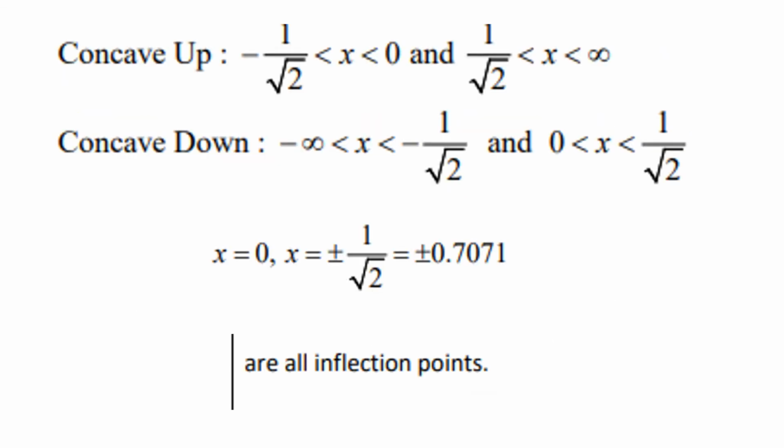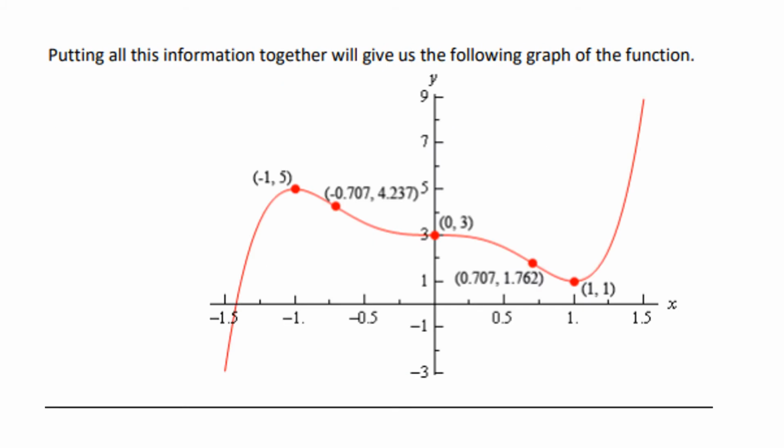And this summarizes what I said. This is the interval where we are concave up. These are the intervals where we're concave down, and all of those are inflection points. So if we put all this information together, we can draw a graph like this, and that concludes this first example.